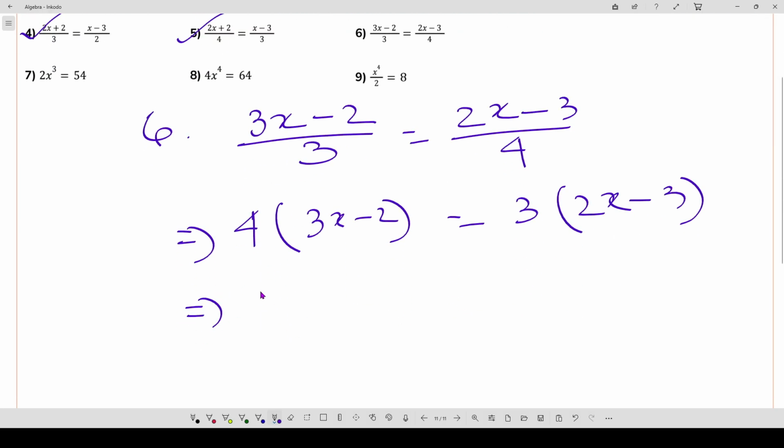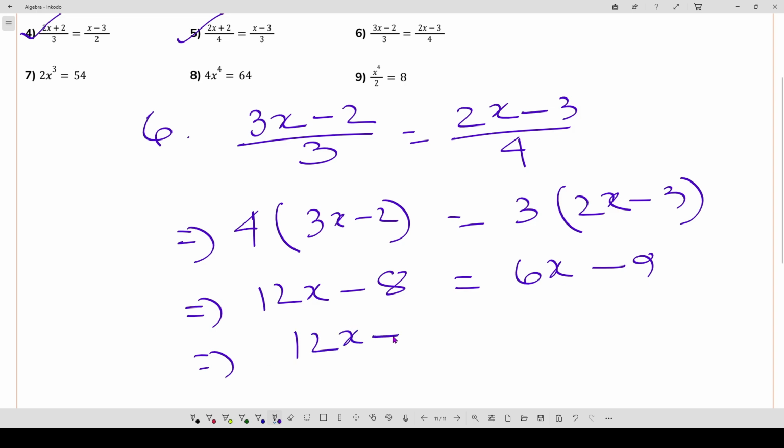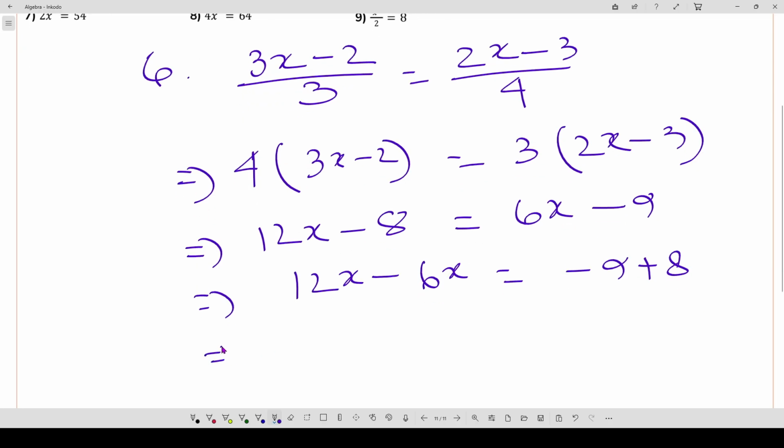Then 12x minus 8 equals 6x minus 9. Now 12x minus 6x equals minus 9 plus 8. Then it will be 6x equals minus 1. Now we can divide both sides by 6, so x equals minus 1 by 6.